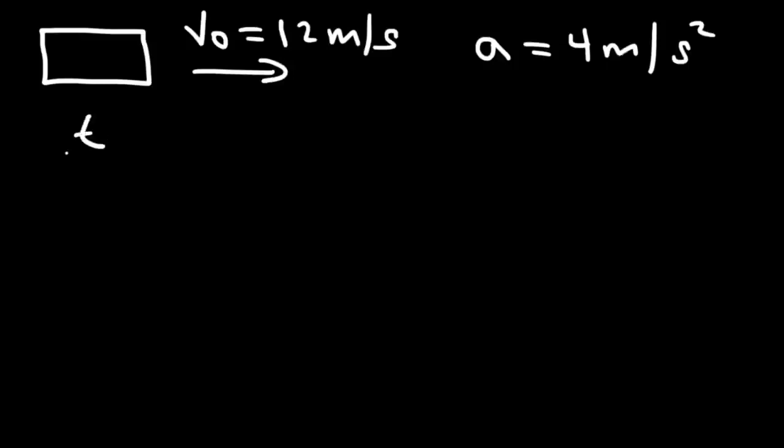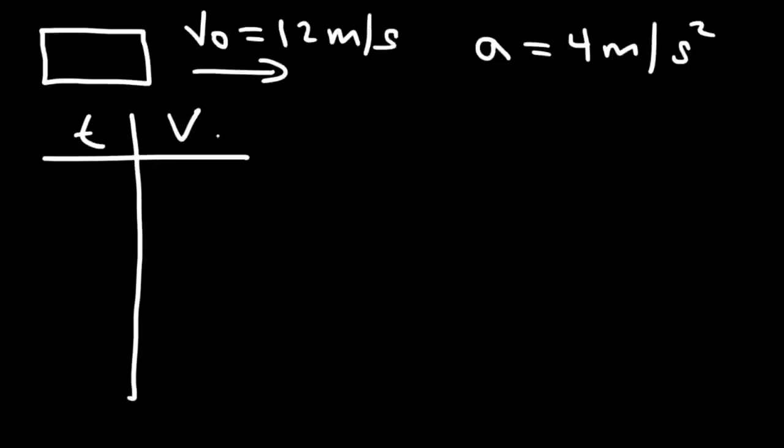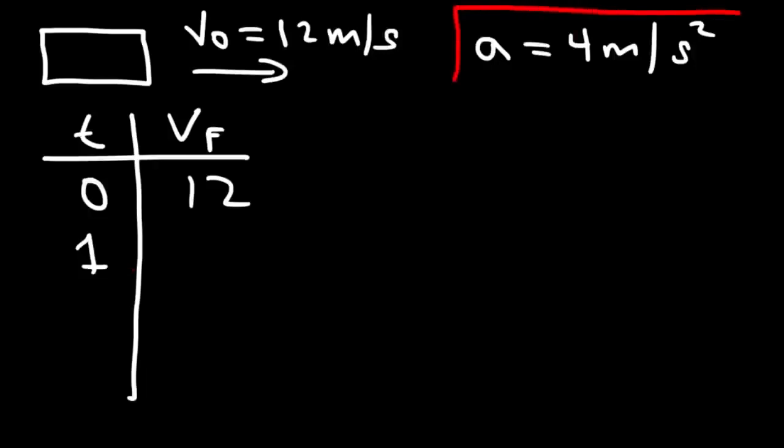If we make a table, if we plot time and velocity, at t equals 0, this becomes the initial velocity, so it's 12. What will the velocity be 1 second later? Well, the acceleration tells us how fast the velocity is changing.